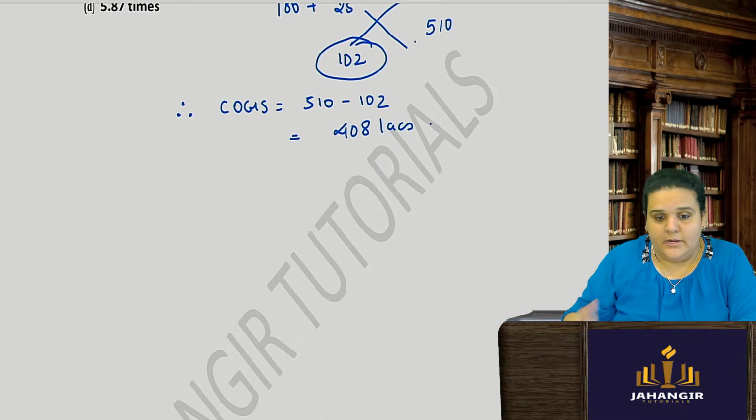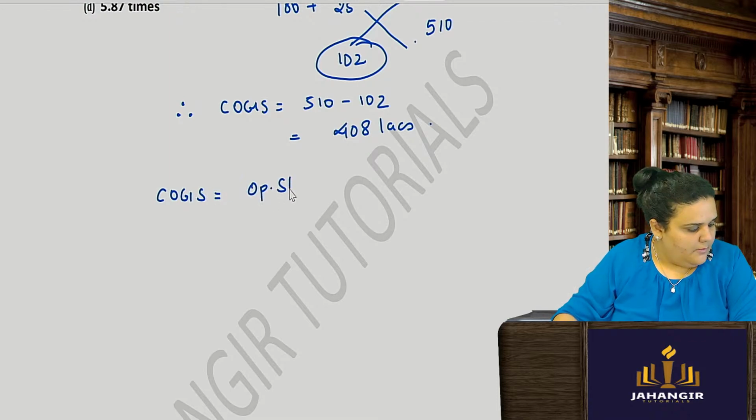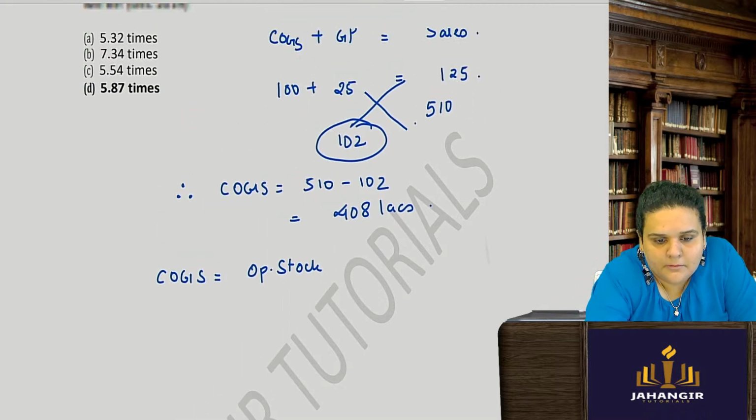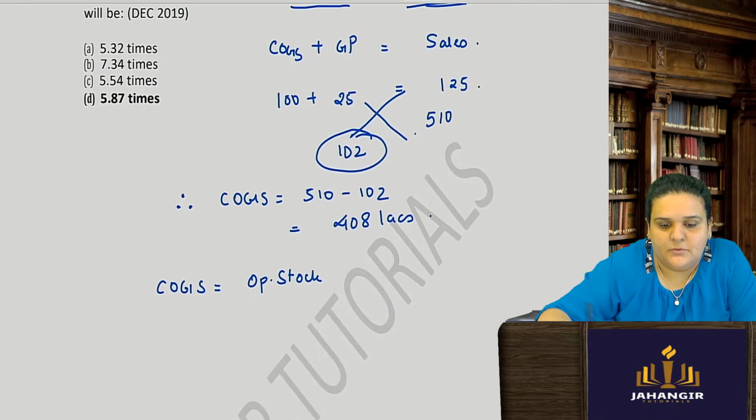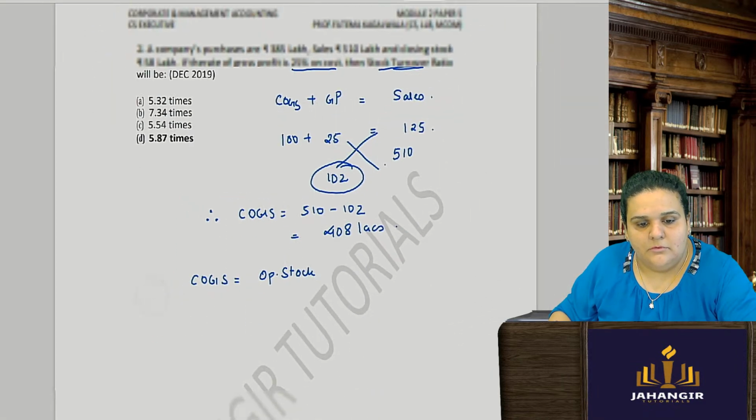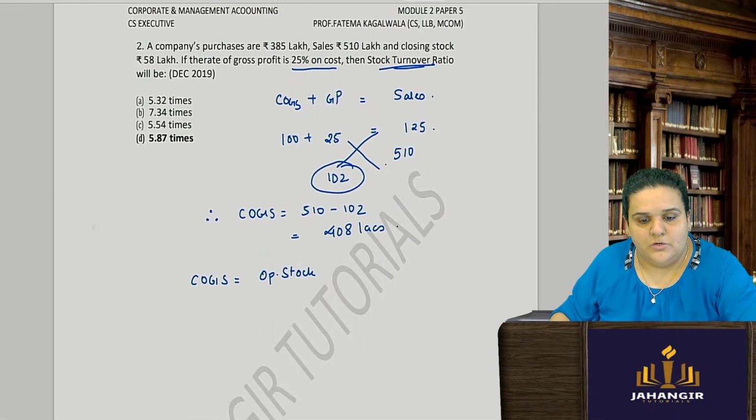Opening and closing stock I need to find. COGS is equal to opening stock... closing stock is given to me, 58 lakhs. So I'll have to find the opening stock also.